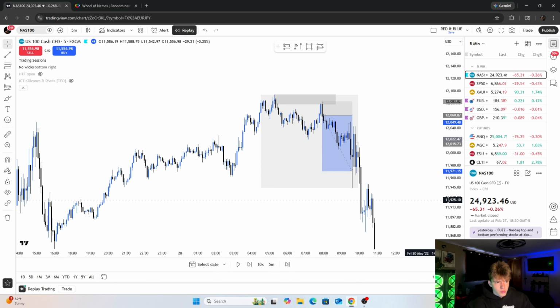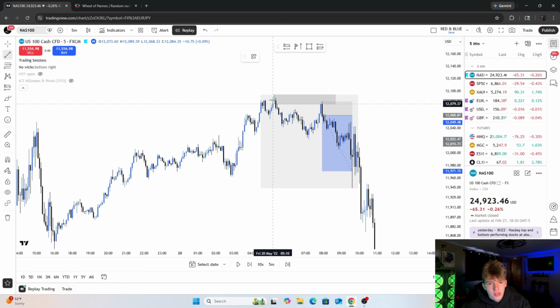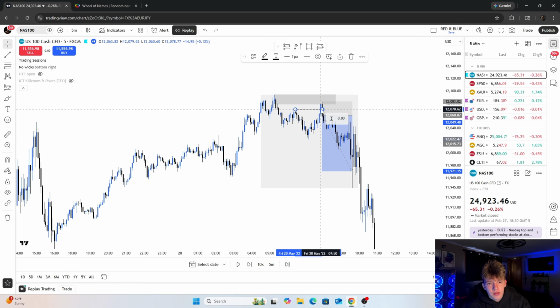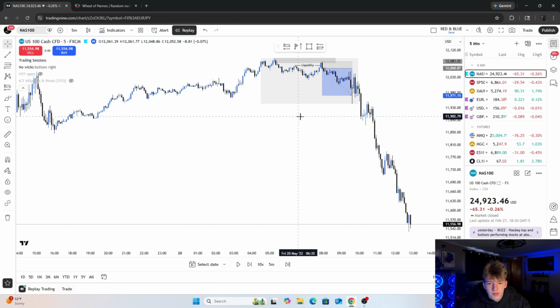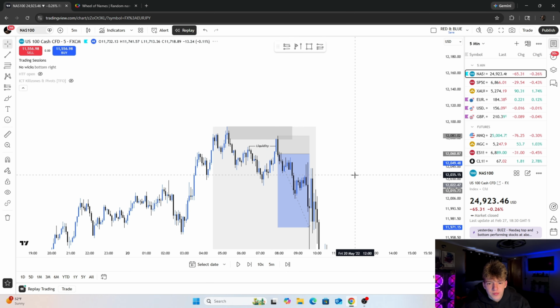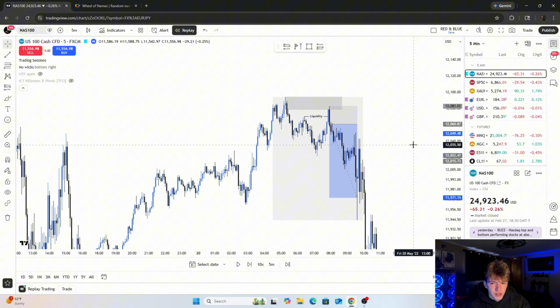And it's because you have to understand other sides of the market. It's not just this. But to give you guys context, this is your level of liquidity that price is taking. This is your internal level of liquidity that we're taking before we continue down to target lower prices.